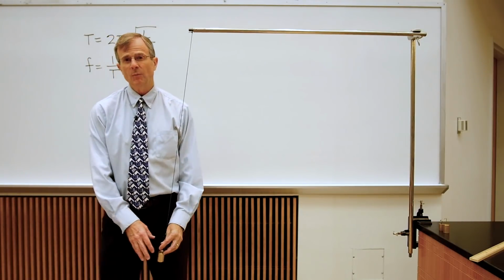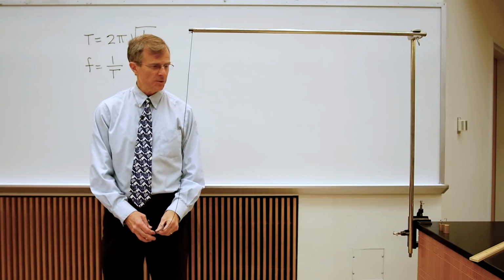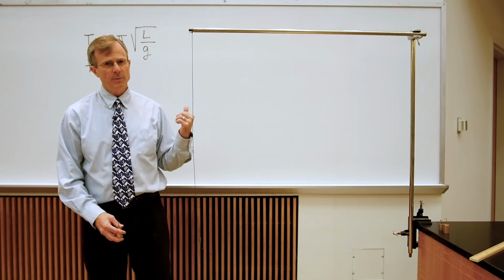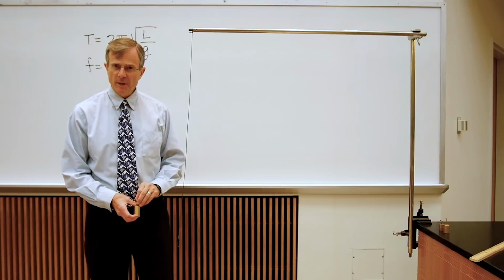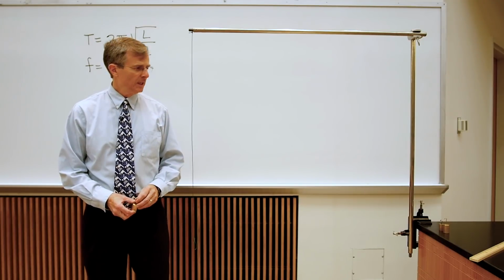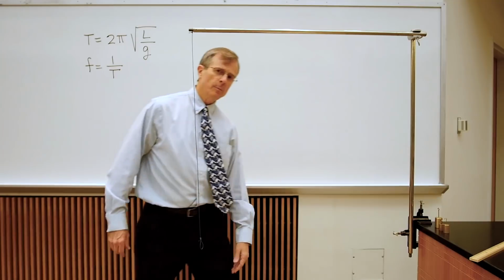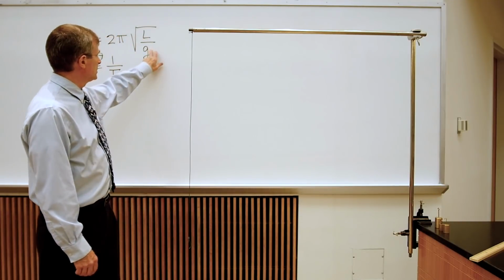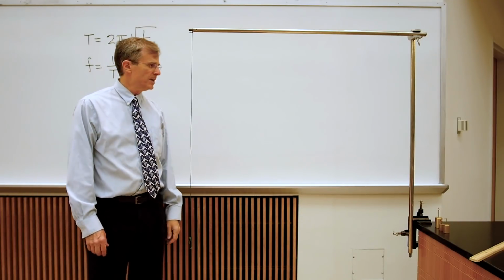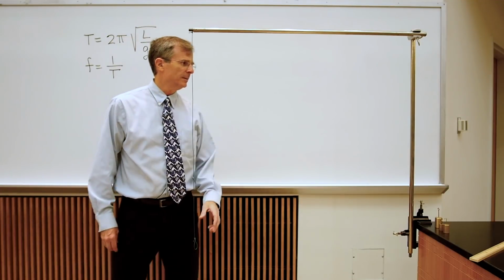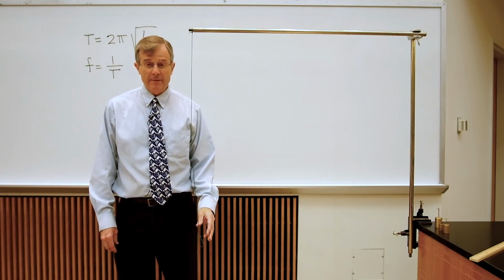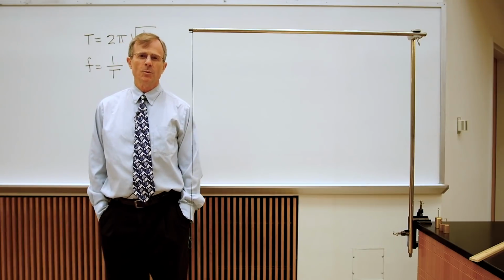You could do more careful calculations, but that shows you the basic dependence of the period on the length, the independence of the period on the amplitude. And then the other thing that the period depends upon, of course, is gravitational acceleration. The Earth's gravity is 9.8 meters per second squared.